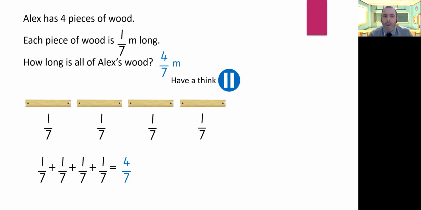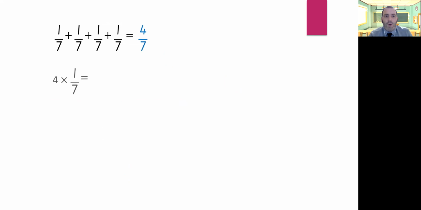We need to remember to put the M in for meters. This is something that might come up as we go through, and certainly when we get into year 6. Make sure if your question talks about a unit of measurement that you put it with your answer.